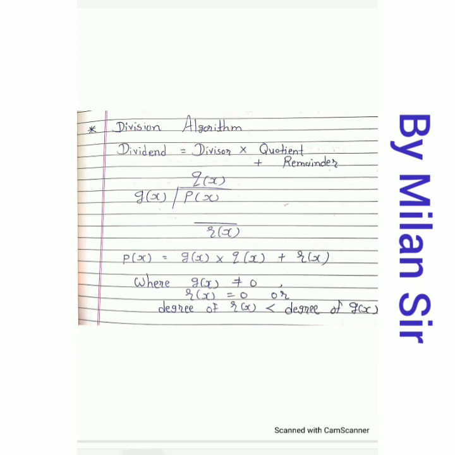That's why I wrote here: the degree of r of x is always less than the degree of g of x. So for the remainder, two possibilities are there. r of x is equal to 0, otherwise the degree of r of x is less than the degree of g of x. So this is our division algorithm.